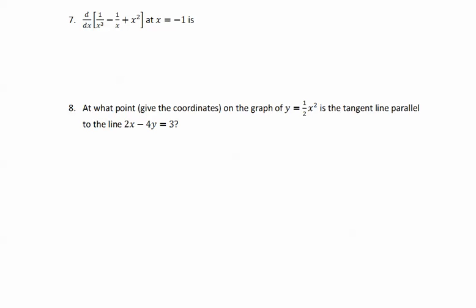And we can rewrite this whole expression as the derivative of x to the negative third minus x to the negative first plus x squared, and we get negative 3x to the negative fourth plus 1x to the negative second plus 2x.